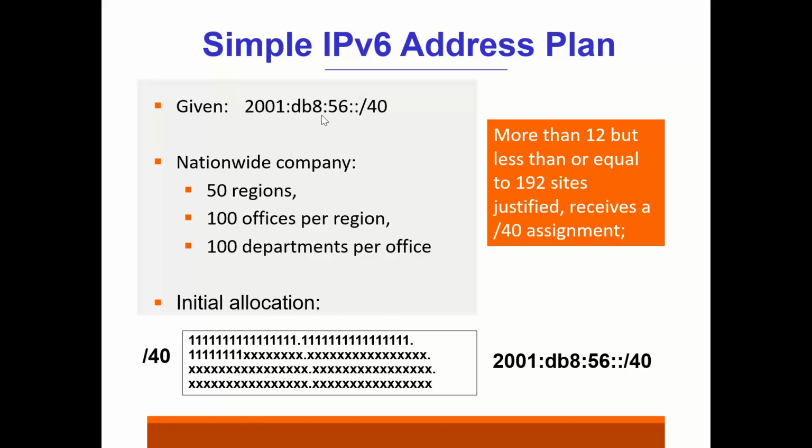My registry gives me a number that looks something like this: 2001:DB8:56, and then I have up that /40. Let's say I'm a nationwide company in whatever country you pick, and your country has 50 regions, 50 areas, and I'm going to put 100 offices in each region and 100 departments per office. This is just, of course, to keep the numbers somewhat simple to work with. And this is my initial allocation right here.